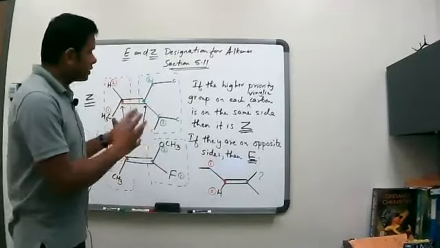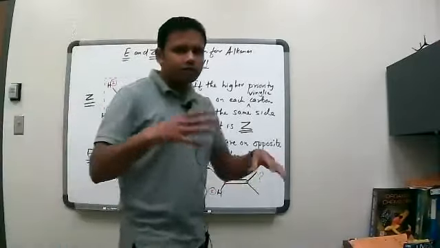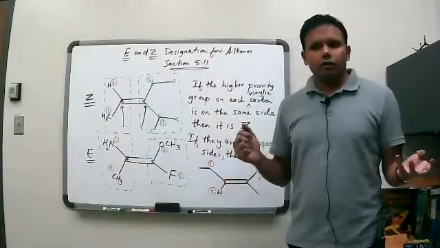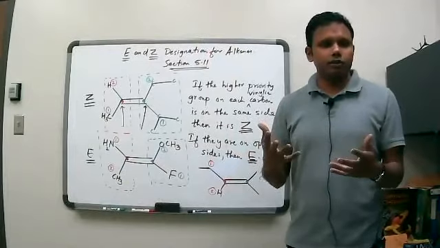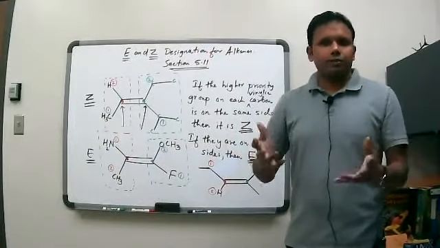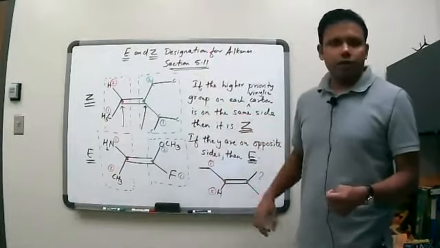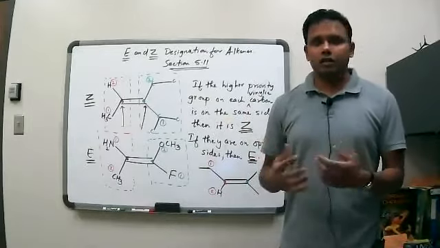So that's, again, assigning configurations to these diastereomers. In some sense, it's a configuration because the E and Z is telling us their three-dimensional arrangement. And configuration is basically the three-dimensional arrangement of groups in space. That is what configuration is. So the E and Z can be applied to alkenes. We will revisit this in chapter 8 when we talk about alkenes in more detail.